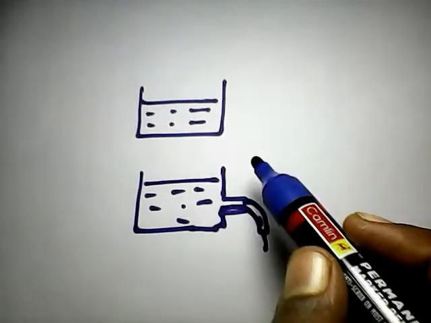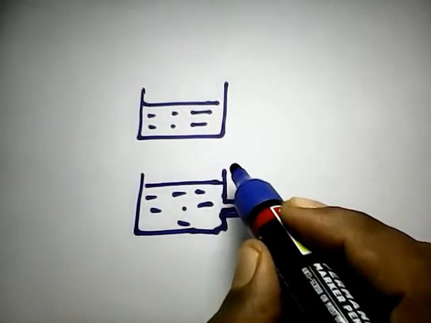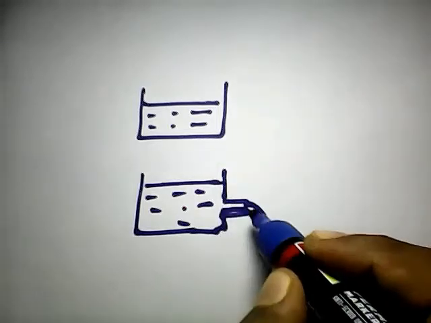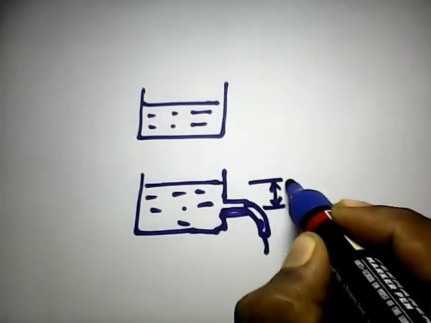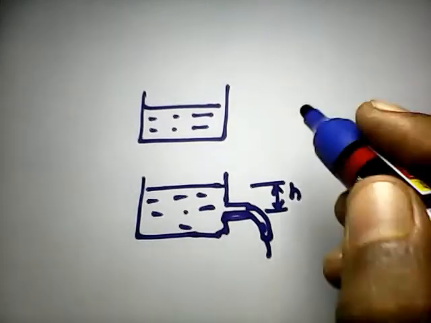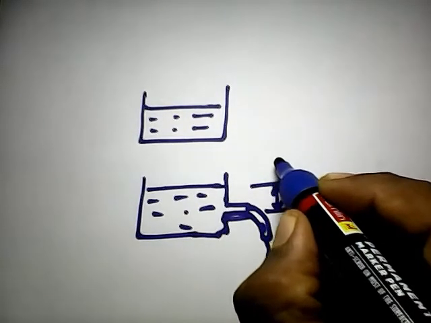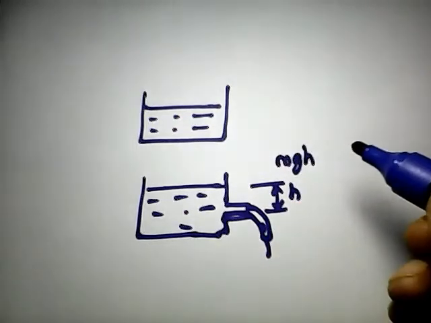Why? Because the level of water is higher than the level of the spout. This is the difference between these two. So here the height H creates the potential difference, that is mgh, which makes the water flow.